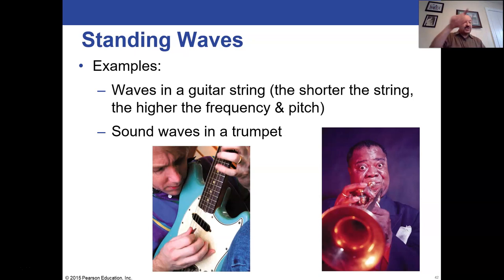And this can happen with strings, but it also happens with other things that vibrate in musical instruments. In trumpets and wind instruments and other brass instruments, it's the air that's vibrating inside the tubes of the musical instrument, and they set up waves. So those are forming sound waves inside the air in there.